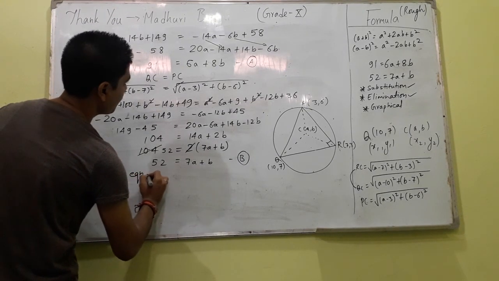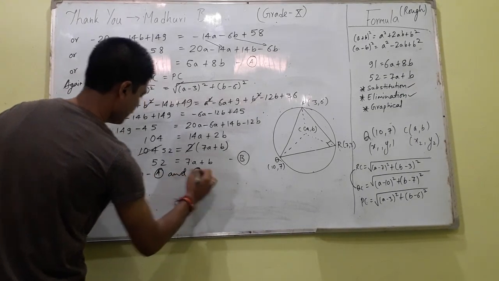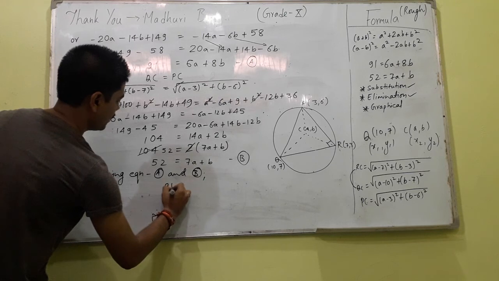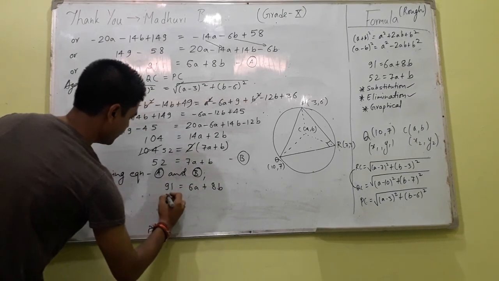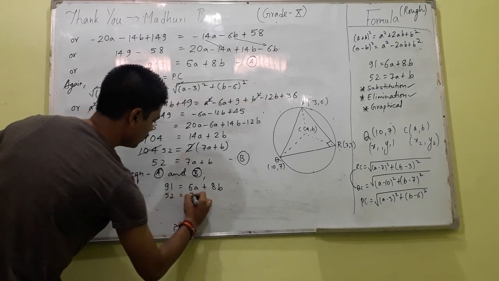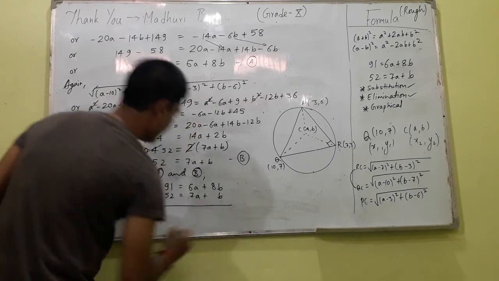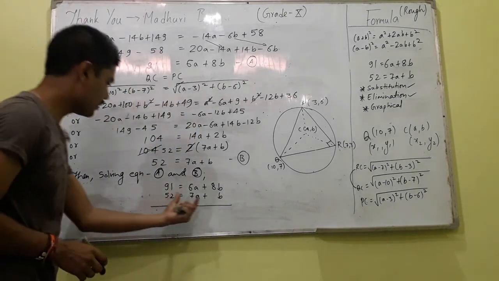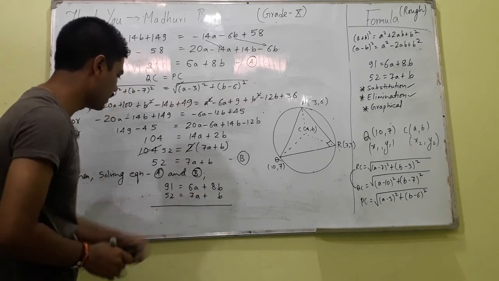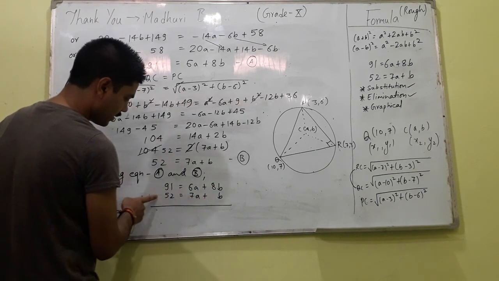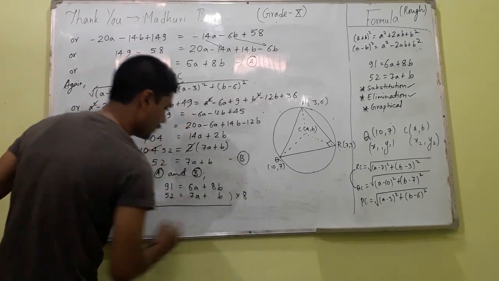Solving equations A and B: 91 equals 6A plus 8B, 52 equals 7A plus B. Now you can analyze here. You have to eliminate one of the variables. So I find multiplying the second equation by 8 will be easier.